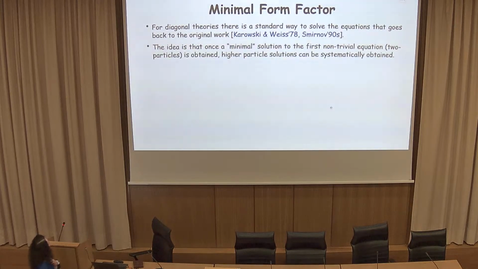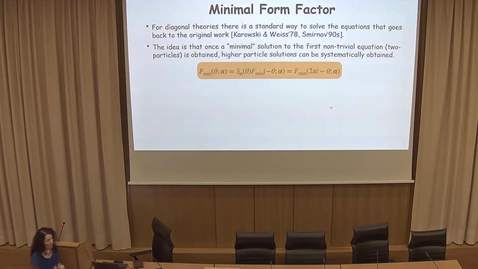But the basic idea is that you normally start by finding one function, which is called the minimal form factor. And this minimal form factor is a minimal solution in the sense that it has no poles. So you forget about this kinematic pole for now. You can deal with this later. So you look at the first two equations, and you try to find a function with good properties. Okay, I will explain what that is. That satisfies this equation.